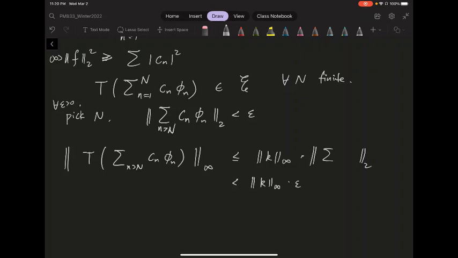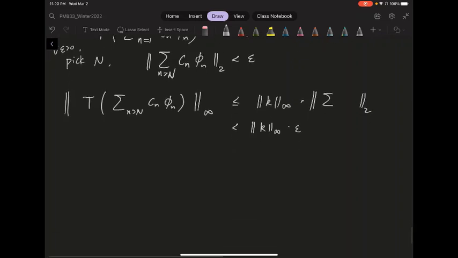So what I end up with is that this T of f is going to be inside this E closure. I can find a sequence, the summation n going from 1 to this big N of c_n phi_n plus this phi_0. Well, phi_0 is in the kernel of T, so it doesn't really matter.